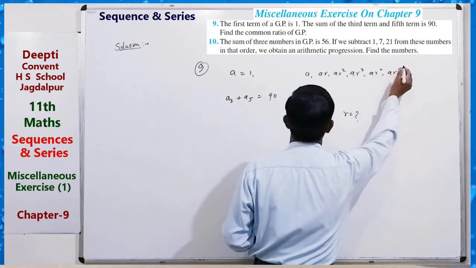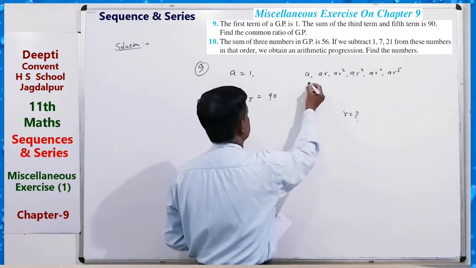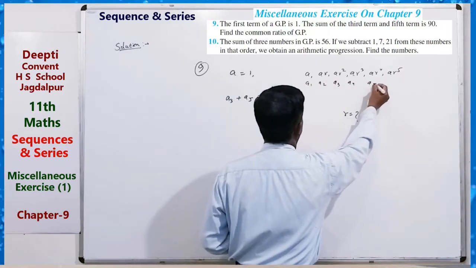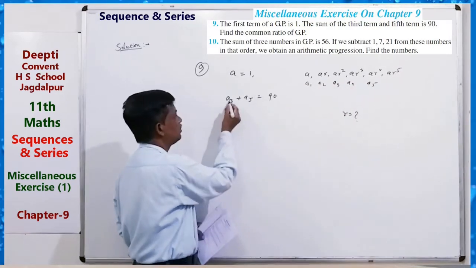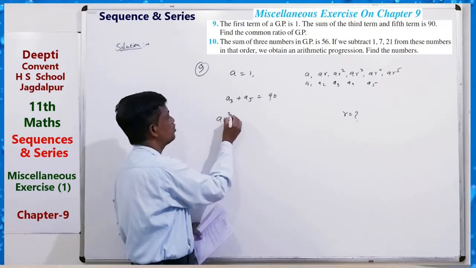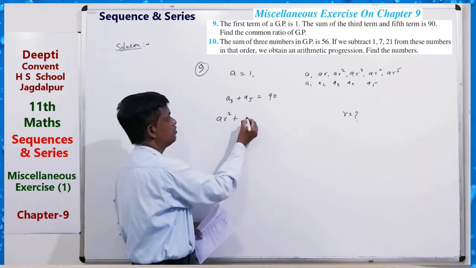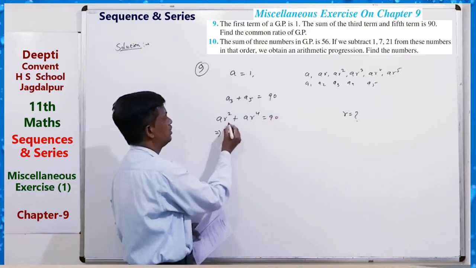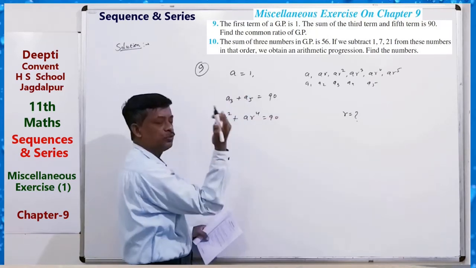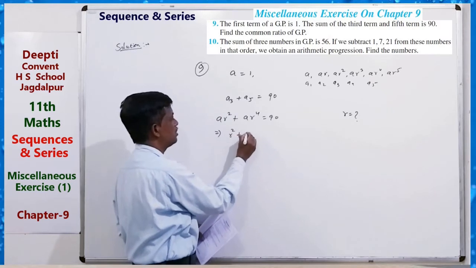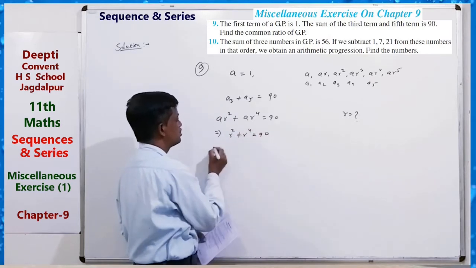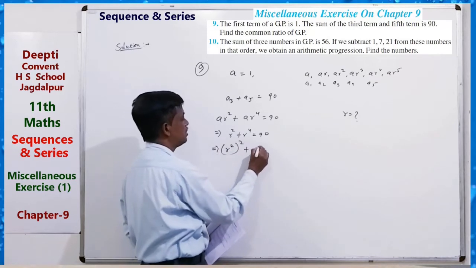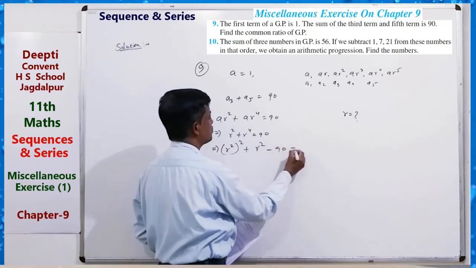The third term is AR to the power 2, plus the fifth term AR to the power 4, equals 90. So from here, A equals 1. So R square plus R power 4 equals 90. So here we can solve it as R power 4 plus R square minus 90 equals 0.